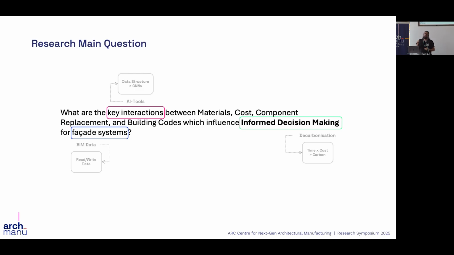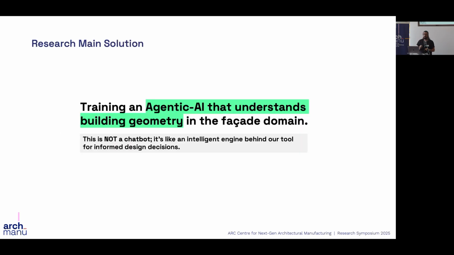Finding those interactions requires something, and I want you to think of it as an AI that understands geometry. When it comes to making an informed decision regarding any facade system, like the spider cable here with these glazings, all of those factors are behind the AI, and you, as an architect or user, are trying to interact with a system that understands all of that complexity.